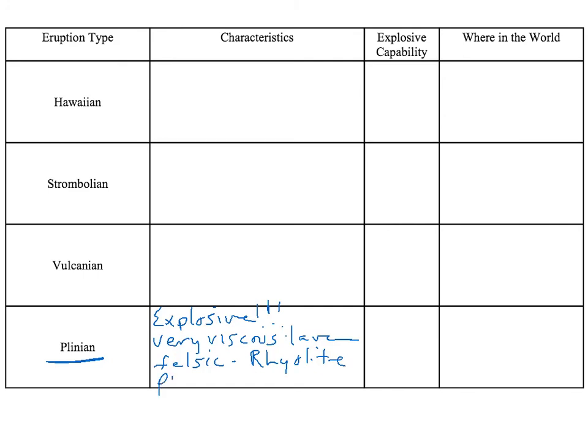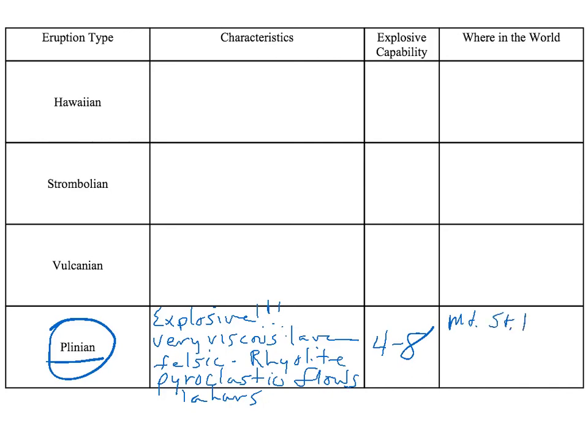We get what we call pyroclastic flows here. You can get something called lahars. The big volcanic eruptions are always going to be Plinian. Here on the VEI scale, we're going anywhere from 4 to 8. 8, you remember, is supervolcano, and these would be some of those classified as that.